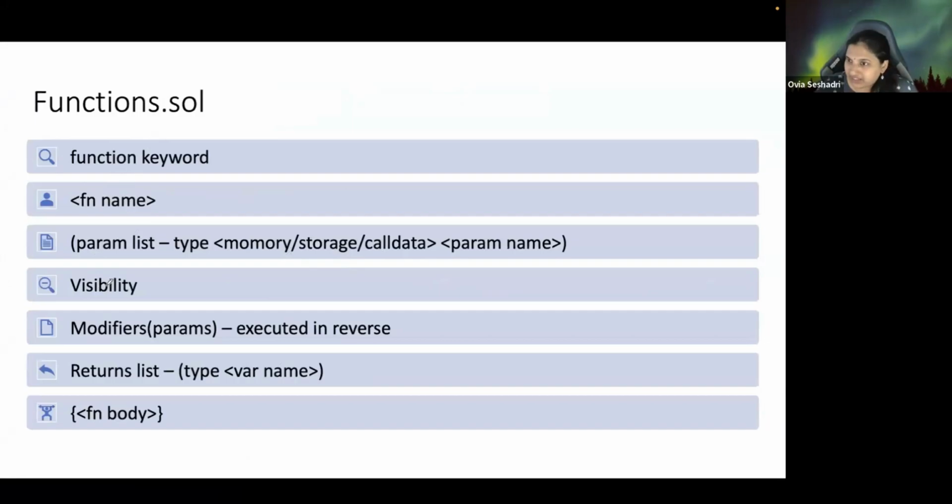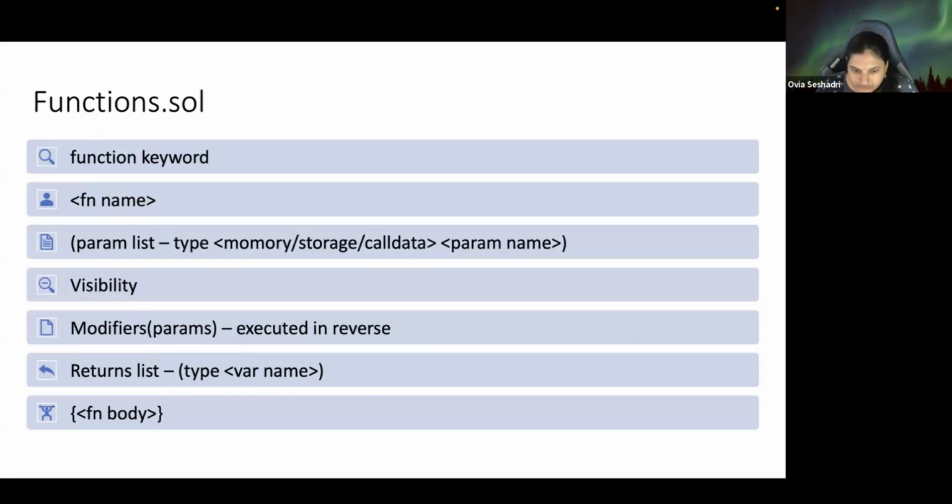It has visibility, which we saw was private, public, internal, external, modifiers, a return list, and a function body. So now we're going to look at modifiers and function selectors and errors in the next few slides.